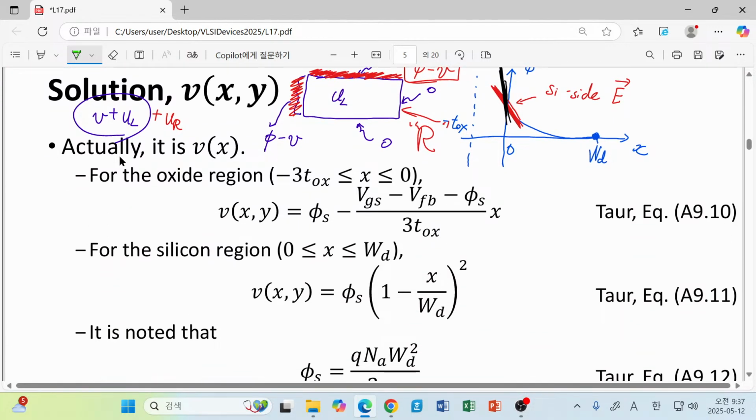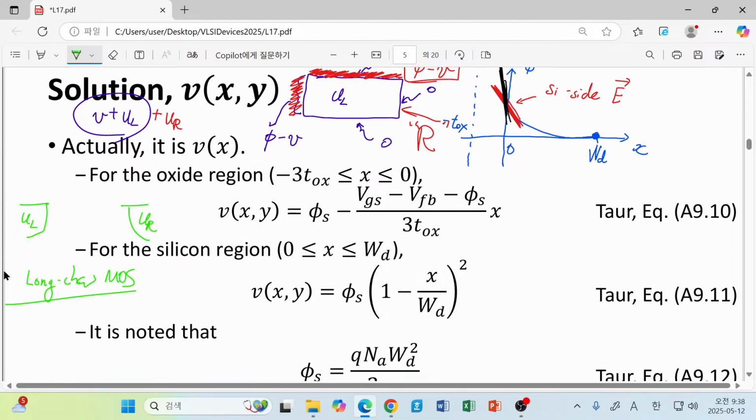The reason why I'm spending quite a long time explaining this is you must understand the problem setting and the solution procedure, to understand what is inside it. So simply speaking, starting from our long channel approximation, the long channel MOS case not considering drain bias, after that the impact of this left side and right side are included by the u sub L, u sub R functions.